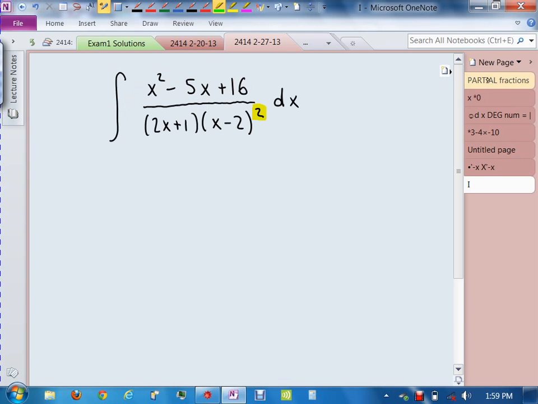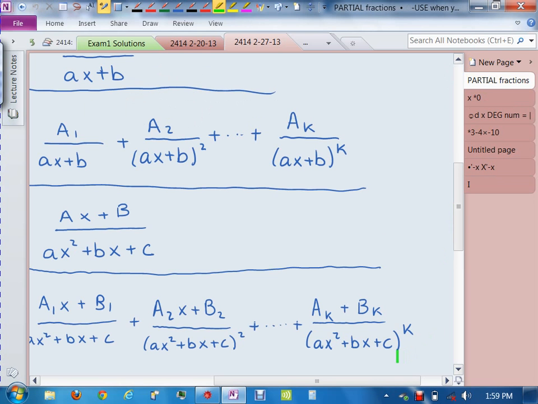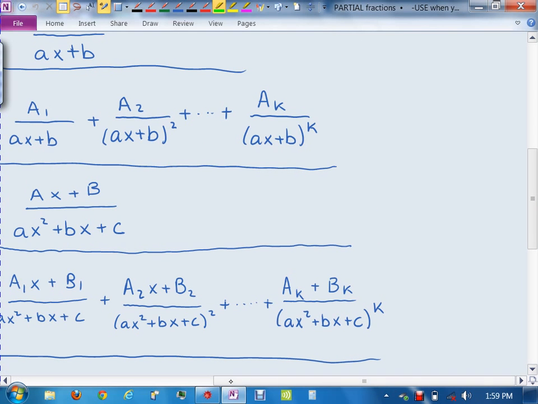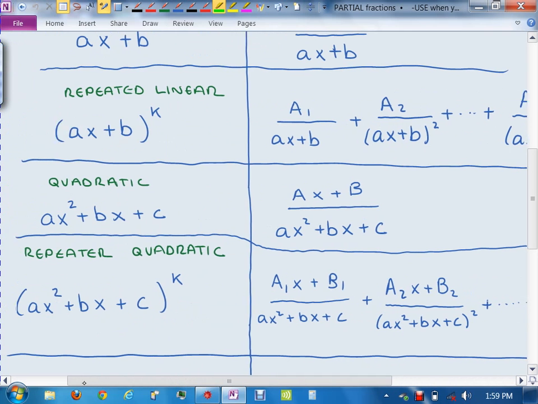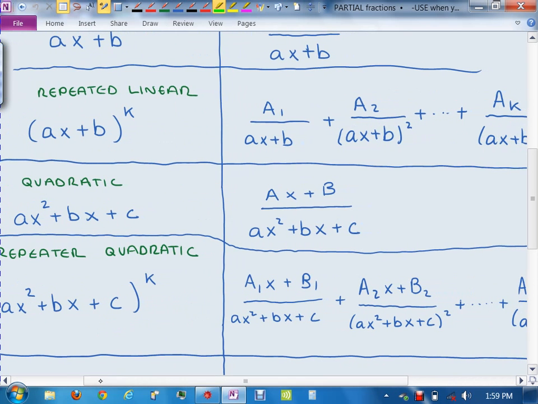So let me go back to my notes and remind you, how is it that we deal with the repeated linear factor? There it is. Repeated linear factor. So one of our linear factors is raised to a power. We have to take a letter A and divide it by that linear factor, then plus another letter, let's say B, and divide it by that linear factor squared.